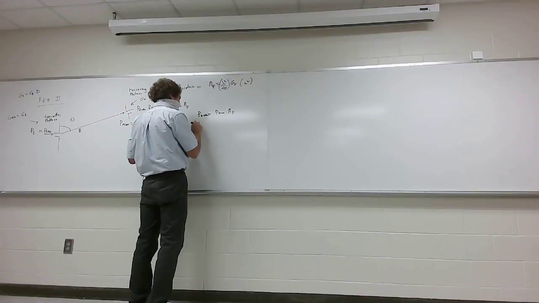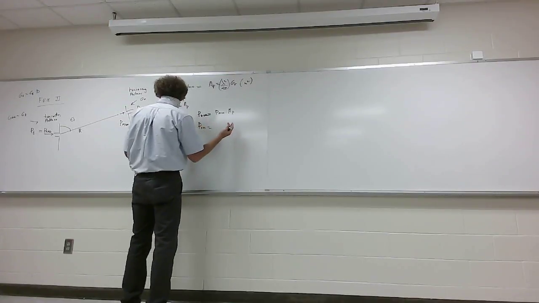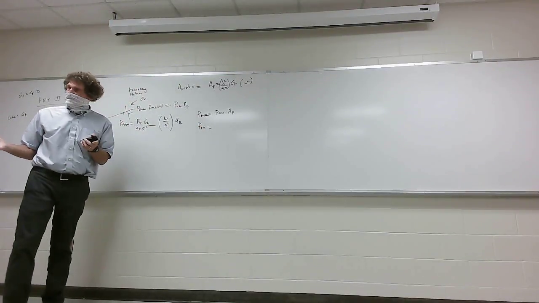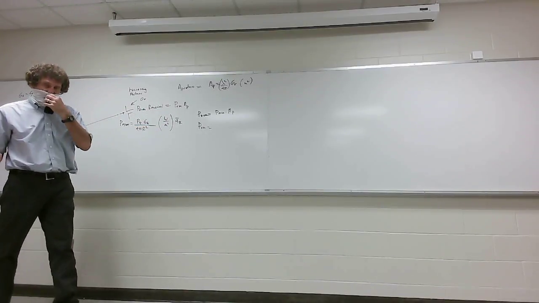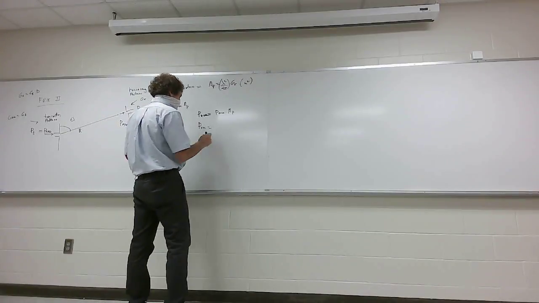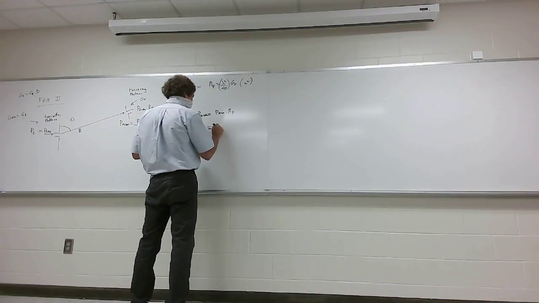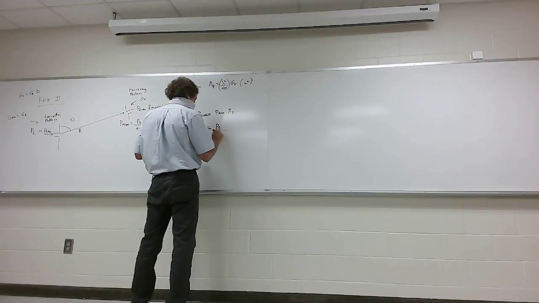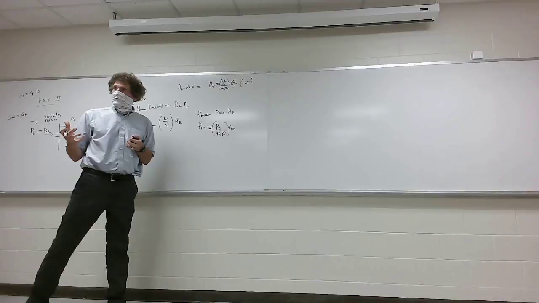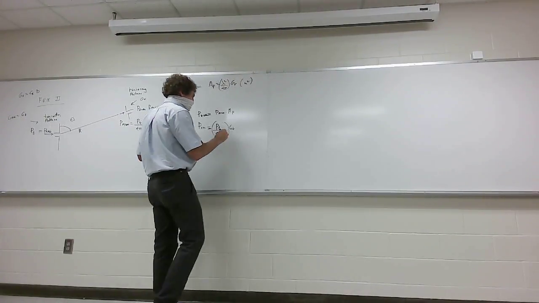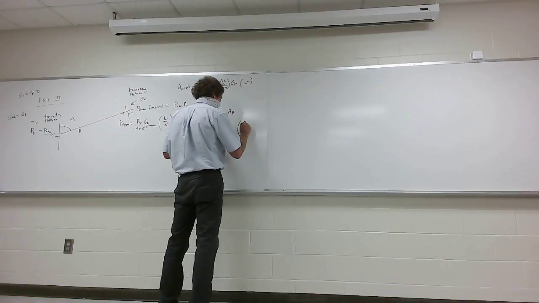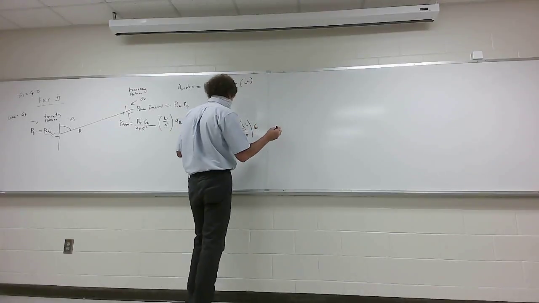And now I'll break it down for you. P received is actually, now I take this equation, and this is the standard form of the Friis. Usually they have P received over P transmitted. I'll leave it as just P received here for a reason. It's transmitted power over 4 pi r squared, gain of transmitter, that's just the power density. Y'all with me? Then you take that and multiply it by the area, which is lambda squared over 4 pi times gain of the receiver.